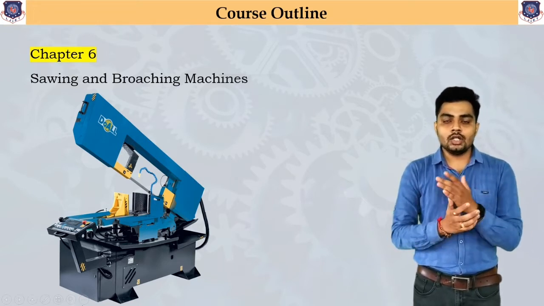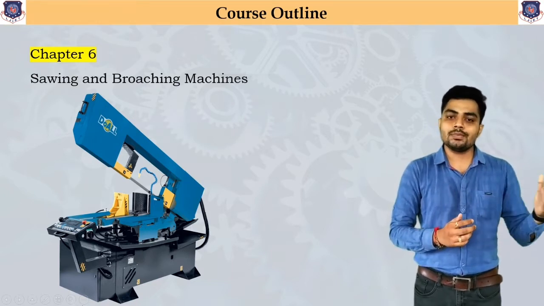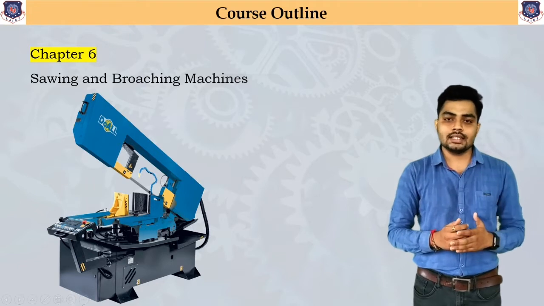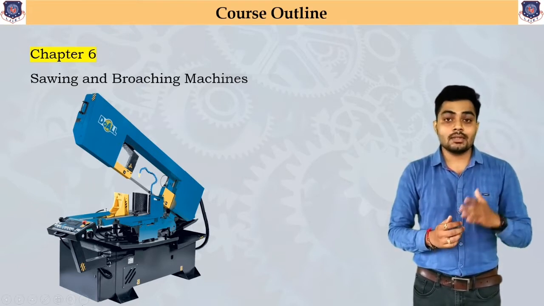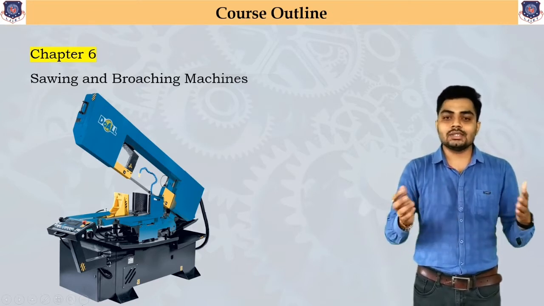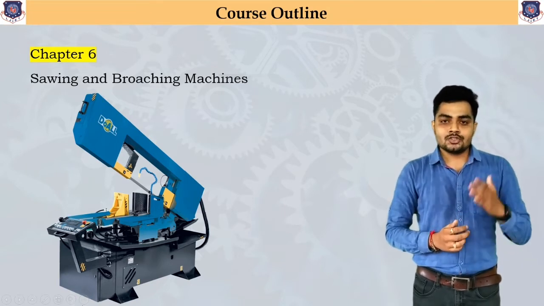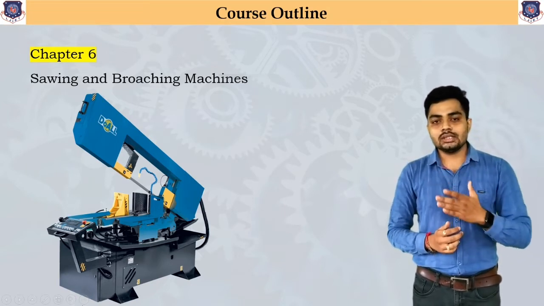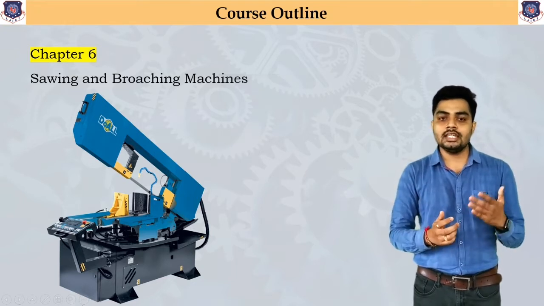Suppose we have a longer workpiece and we want to cut it into smaller pieces, at that time this sawing machine is helpful. There are also different varieties of sawing machines available. Some may be portable, and some larger machines are also available based on the size of the workpiece. So these sawing and broaching machines are helpful to produce the required geometry on the workpiece.